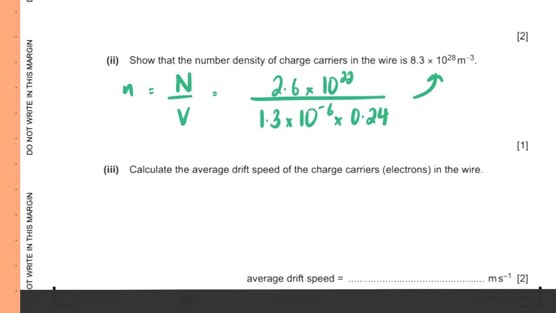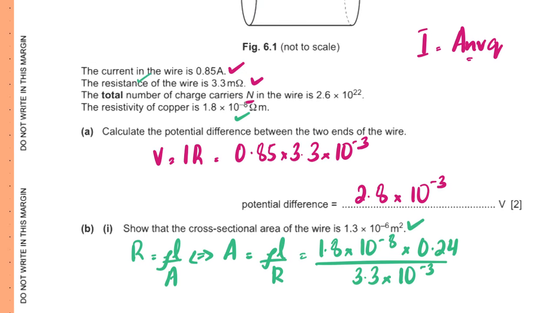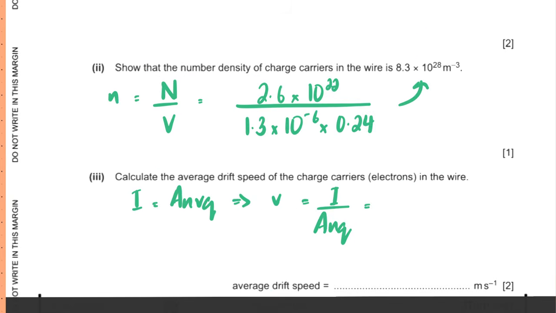Next it says calculate the average drift speed. So I equals A n v Q, so v equals I over A n Q. Current was given above, which is 0.85. Our area was 1.3 into 10 to the negative 6. n is 8.3 into 10 to the 28.